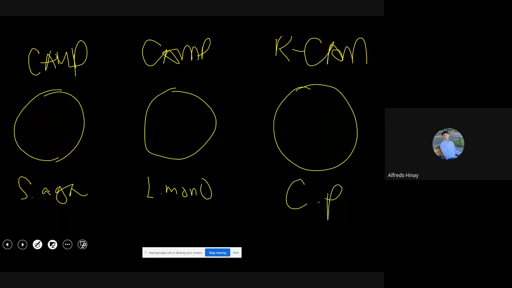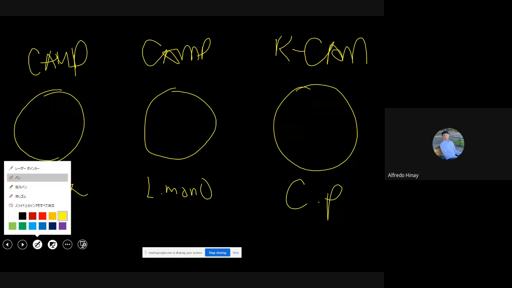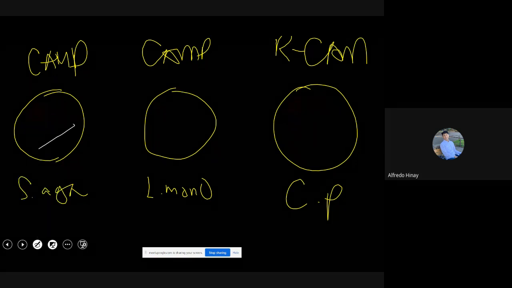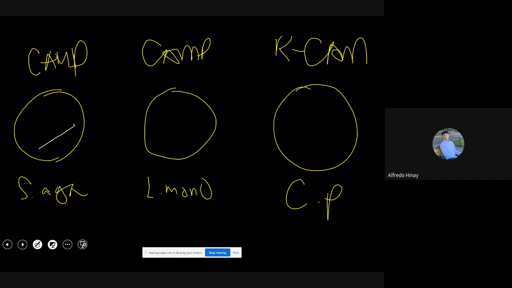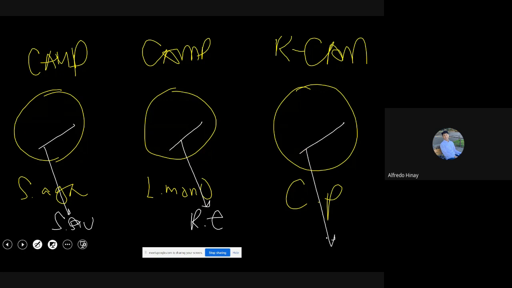For your S. aga, class, ang gamit natin here na perpendicular is your S. aureus. With your mono na CAMP, ang gamit naman natin, class, is Rhodococcus equi. With your reverse CAMP naman, class, ang gamit natin is your S. agalactiae.